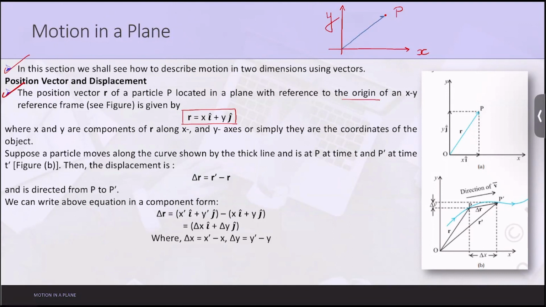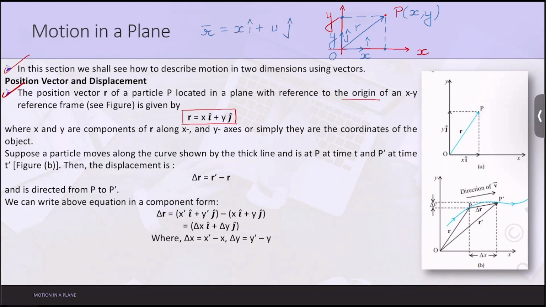What are the components of this R? Just draw perpendiculars from it. So this will land at the x-axis at some point and the y-axis at some point. As the position was x and y for this, therefore this will also have an x value only and this will have a y value only. As this is the direction of i cap and this is the direction of j cap, therefore position vector r bar can be written as a summation of something with i cap and j cap.